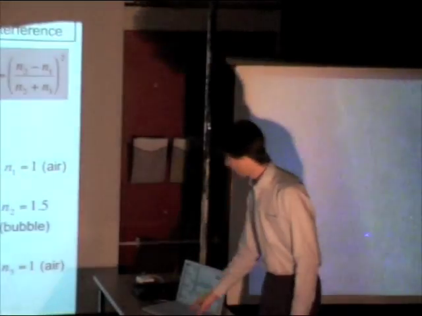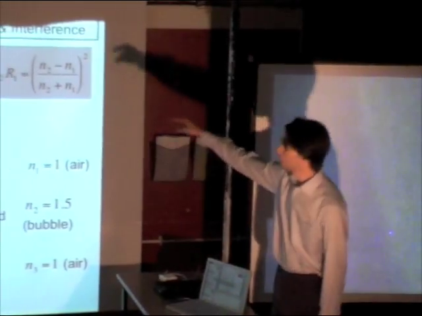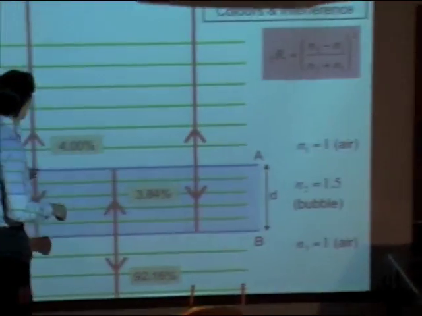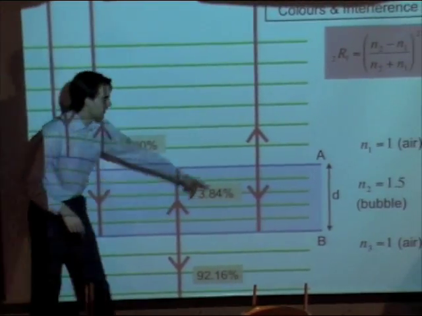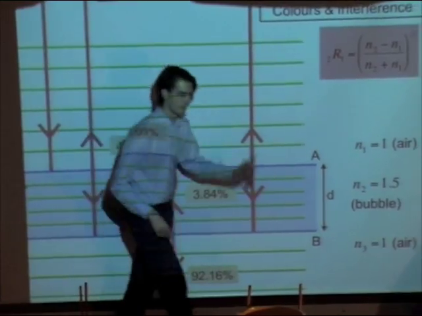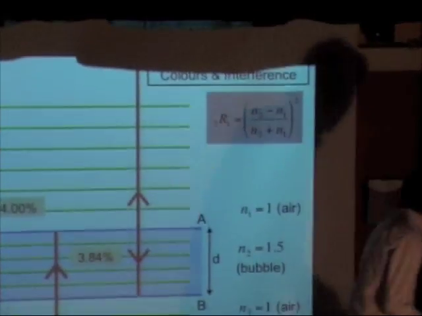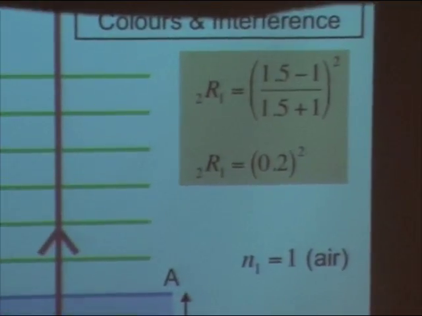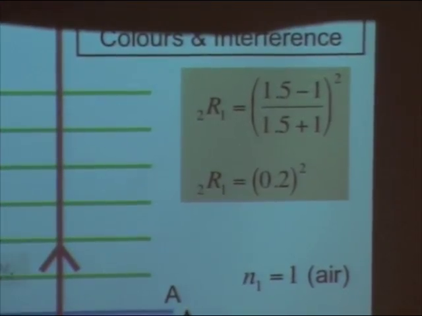And I do the same maths again, but this time it's from 2 to 1. We had 1 to 2 at the beginning. So this is 1 to 2, this was 2 to 3, and now this is 2 to 1. And I do the maths again, and this time I get 0.2, and it's positive at that boundary because it's going the other way.